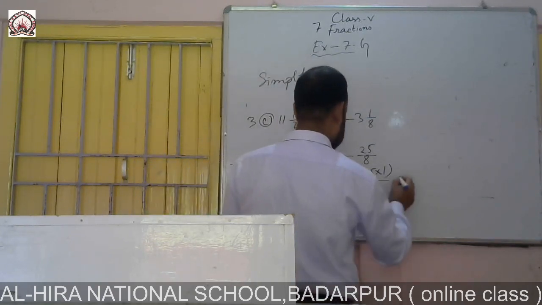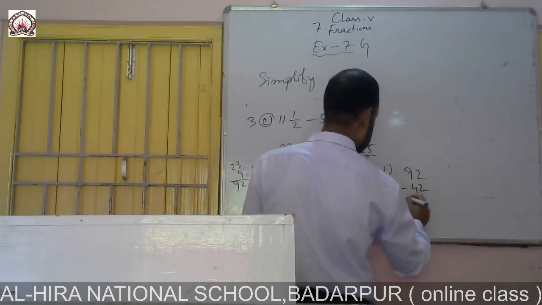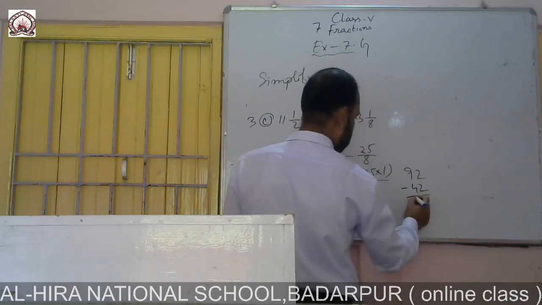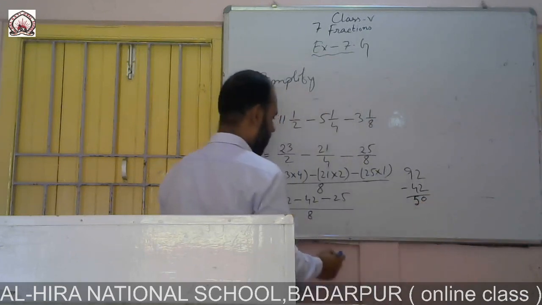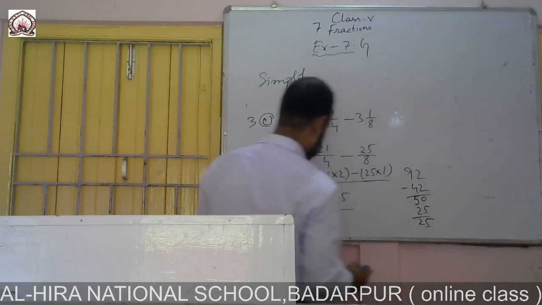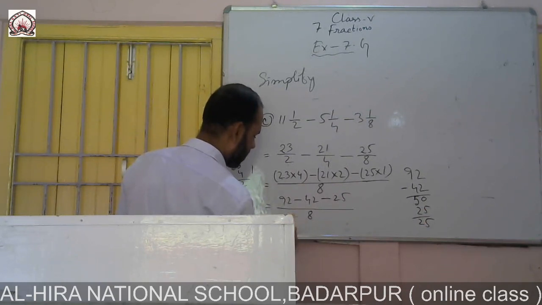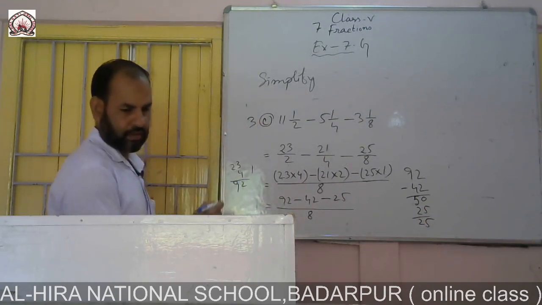Now 92 minus 42 is 50, and 50 minus 25 is equal to 25. So the answer is 25 by 8.